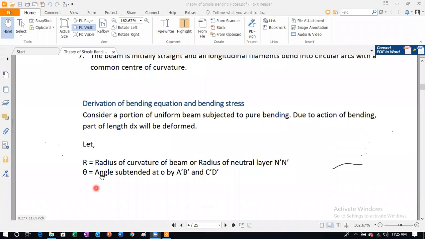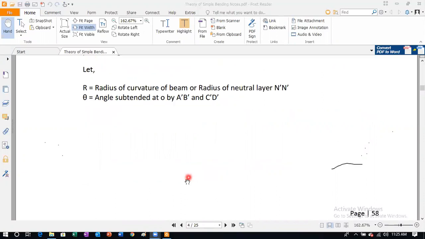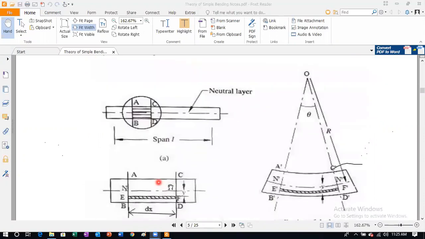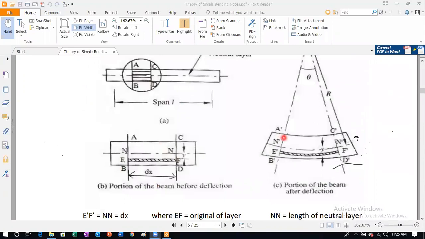Let R be the radius of curvature of the beam, or radius of neutral layer N dash, and theta the angle subtended by A dash B dash and C dash D dash. We can see this in this diagram. After bending we have A dash C dash and B dash D dash, and the neutral axis NN before bending becomes N dash.